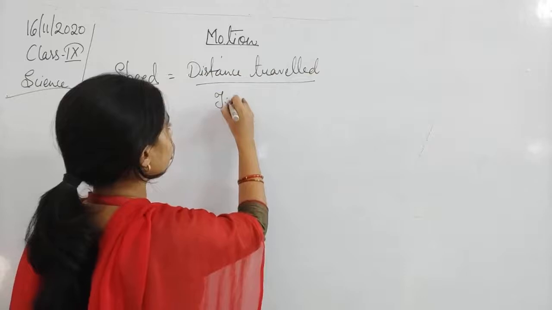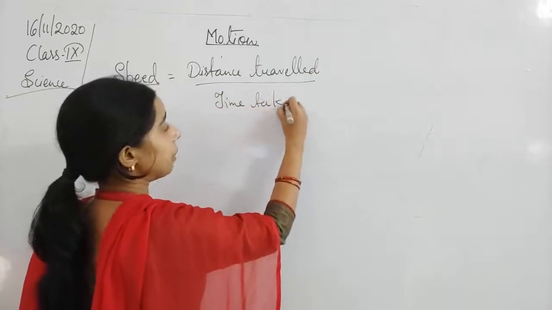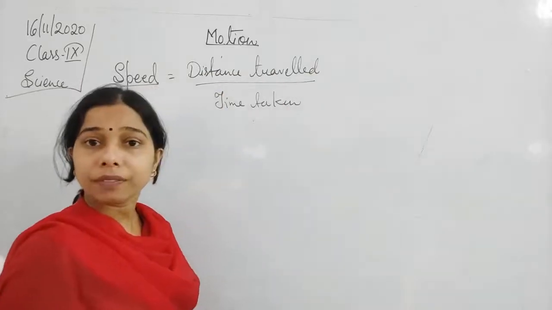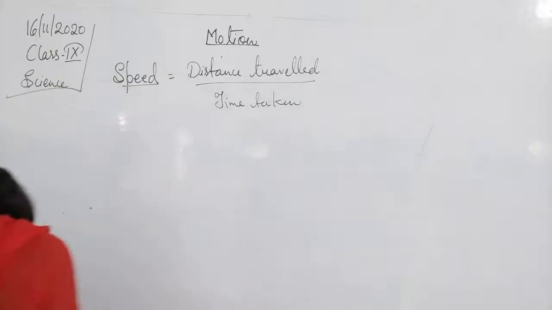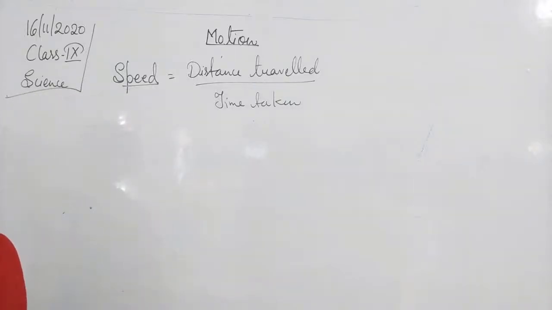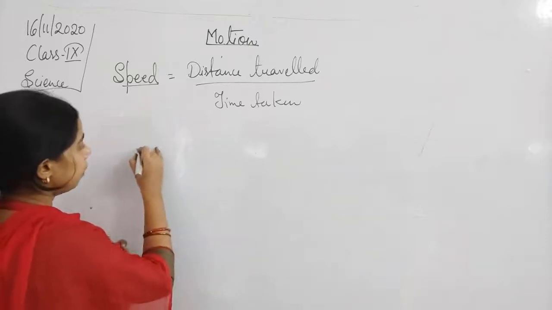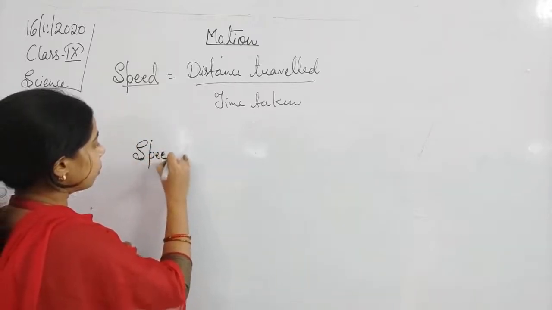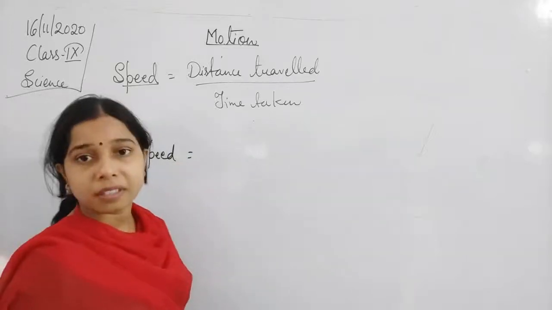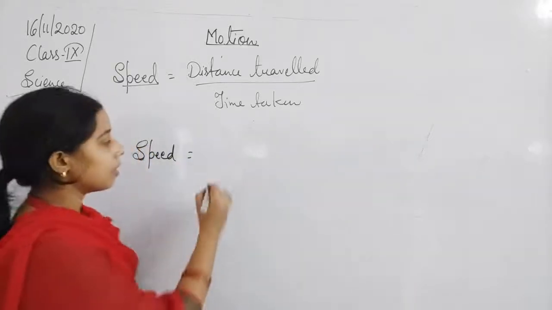This is the formula for calculating the speed of a body. Now we have to find the SI unit of the speed. So you see, students, for that, what is the SI unit of a distance? The SI unit of distance is meter.